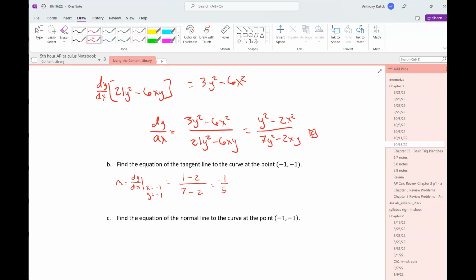I just plugged it into the derivative equation and did the arithmetic in my head. Then y minus y1 equals m times x minus x1. When I subtract the 1, I'm going to have -1/5 minus 5/5, so that'd be -6/5.